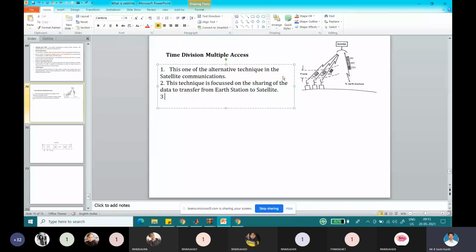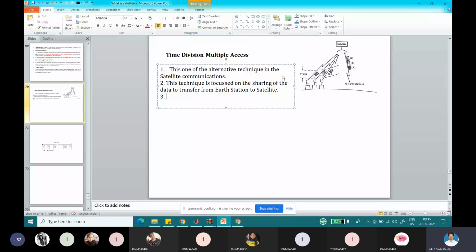The main intention here is that this is an alternative technique in satellite communication, focused on sharing of the data to transfer from the Earth station to the satellite.